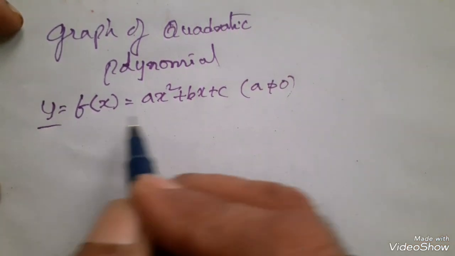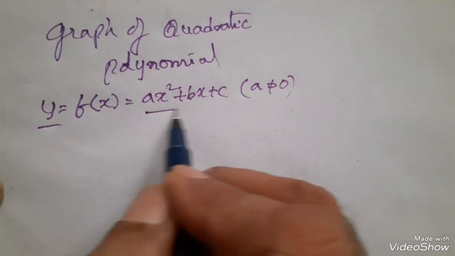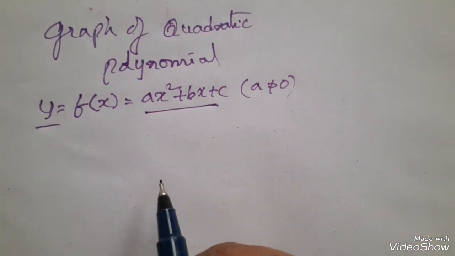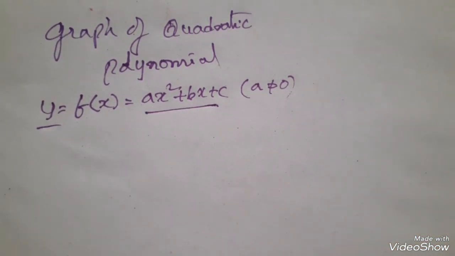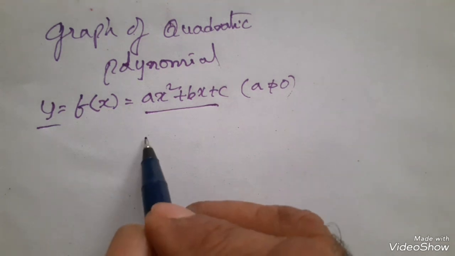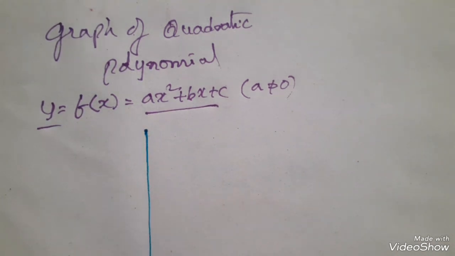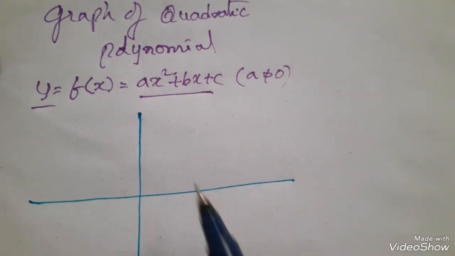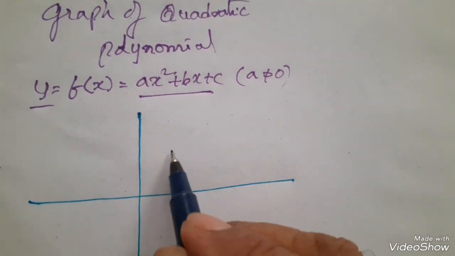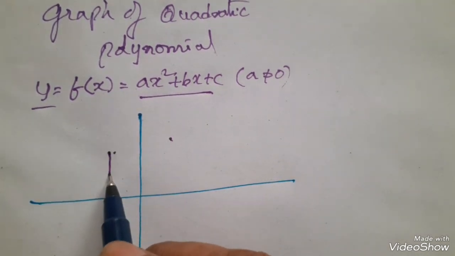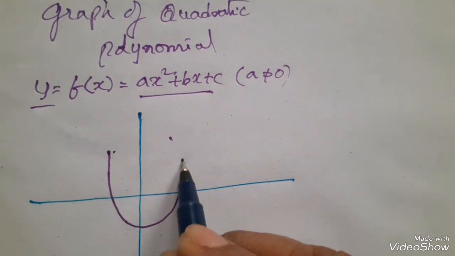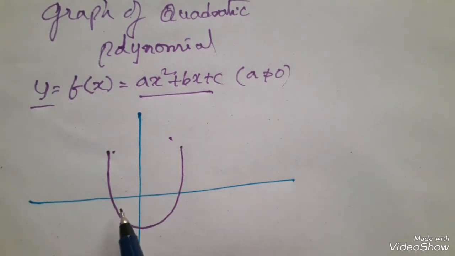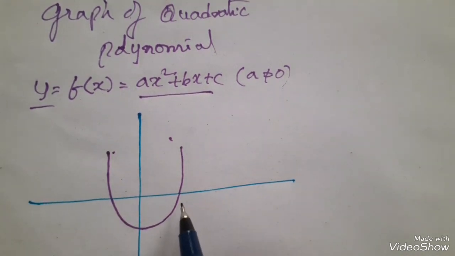So if we observe the graph of y equal to ax square plus bx plus c, we can draw the graph of this. Since it has two zeros, one is negative and the other is positive.